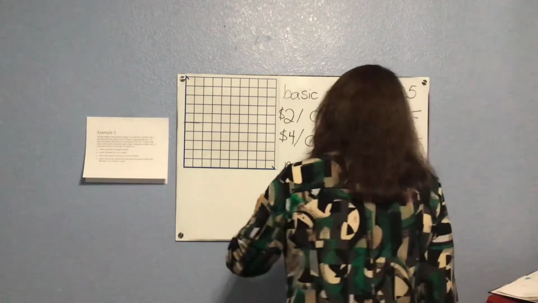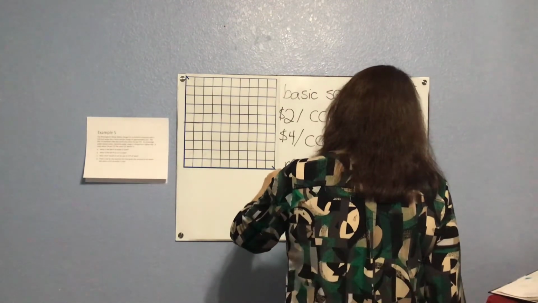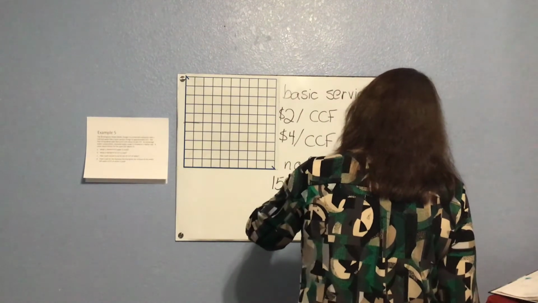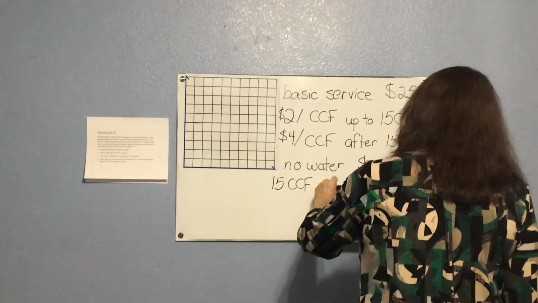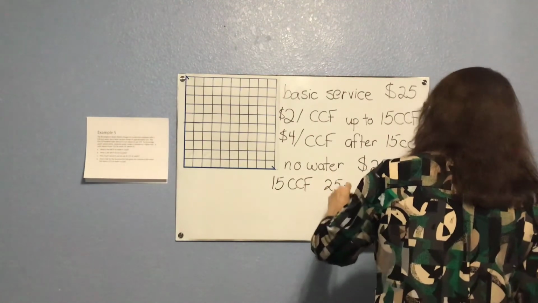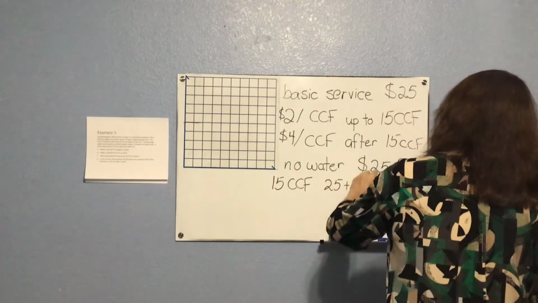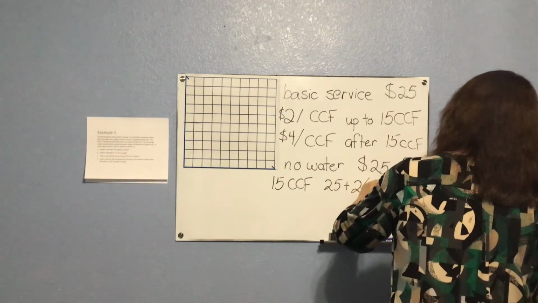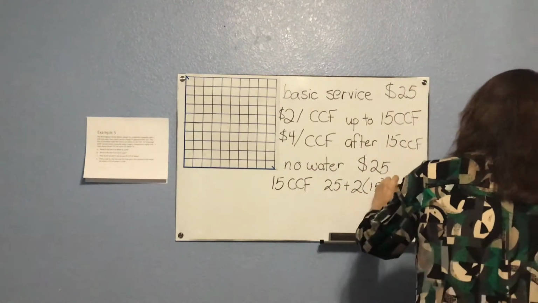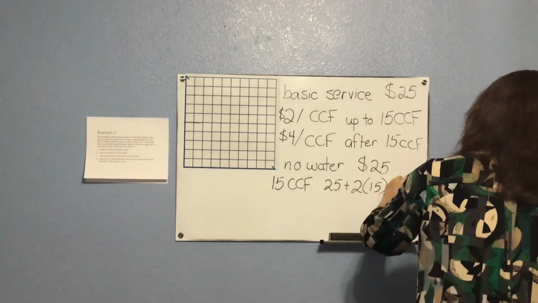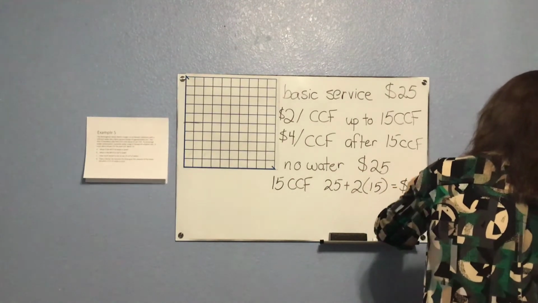And then if I use 1,500 cubic feet, I'm going to pay the $25 service charge plus $2 for each 100 cubic feet. So 25 plus 30 gives me a bill of $55.